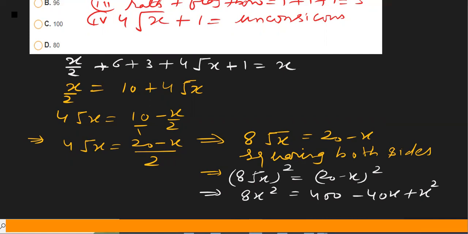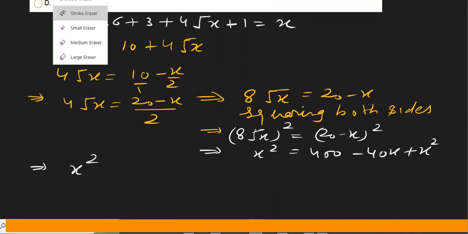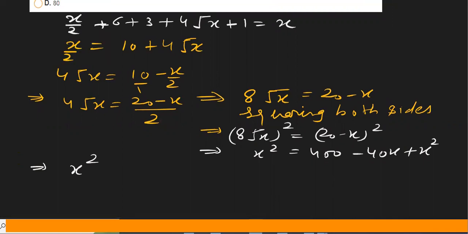Finally it becomes x square. Sorry, this is 8 8, 64.